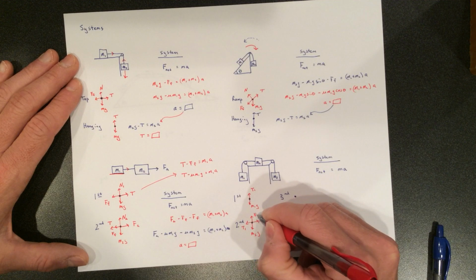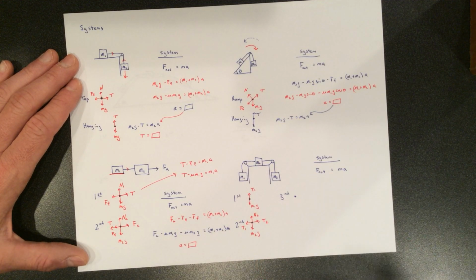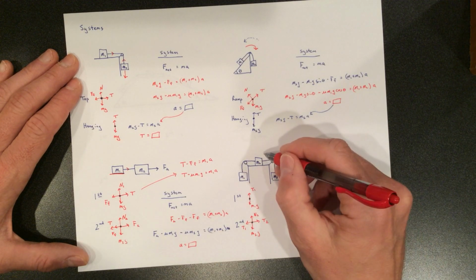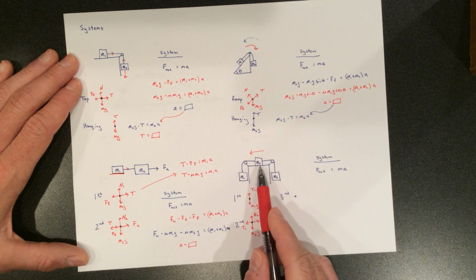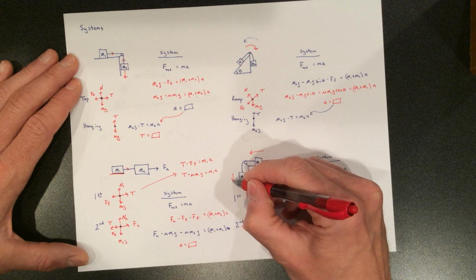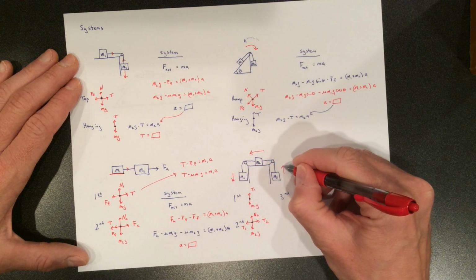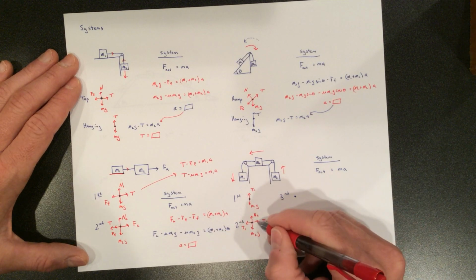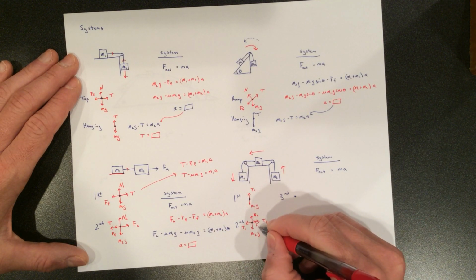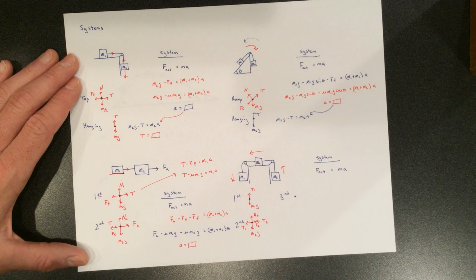We have N2 up, that's the normal force of the surface on box 2. And let's say the whole thing, I don't know, let's say it's going to go this direction. Okay, if m2 is going to slide this way, m1 is going to go down, and m3 is going to go up, right? That's kind of the direction we're moving. Well, if m2 goes to the left, then friction is going to be to the right. And so we add friction here.